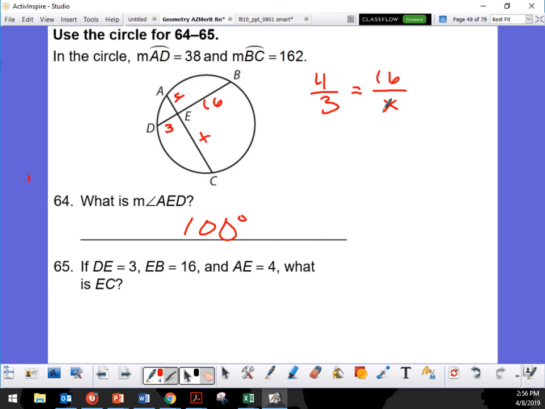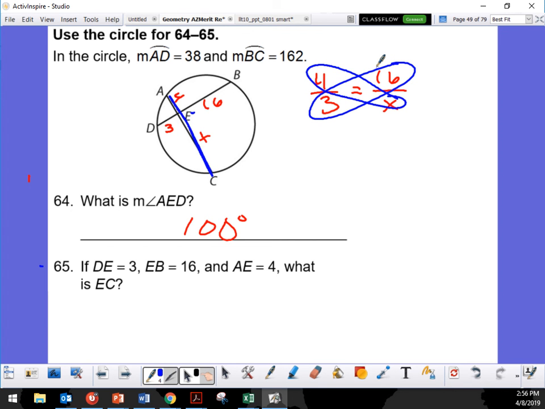Now, I'm going to show you guys why it works out like this and how to make sure you set this up. When you do your cross products, it should be 4 times x. That's one line segment. Then it's going to be 3 times 16. That's the other line segment there.